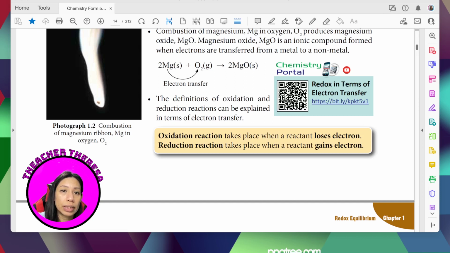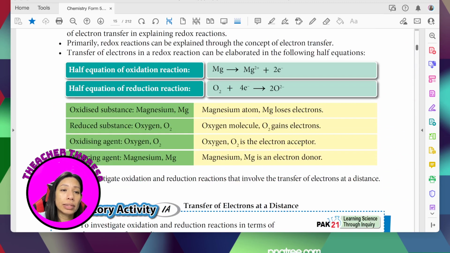So it's not clearly seen. So for this kind of equation, if we know it's a redox reaction, we write down what we call a half equation.